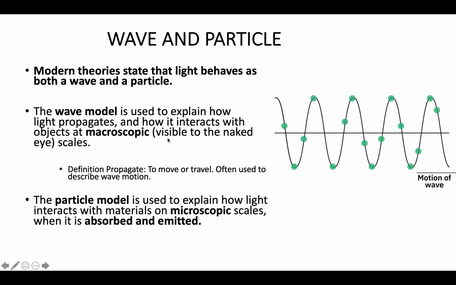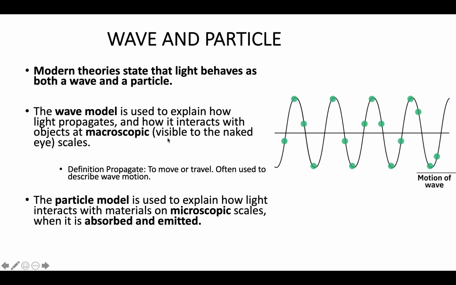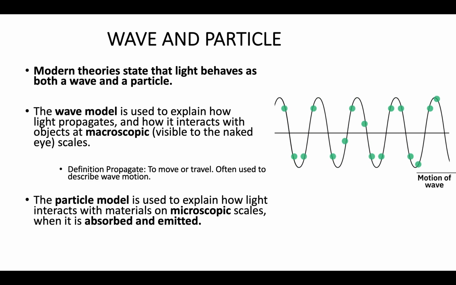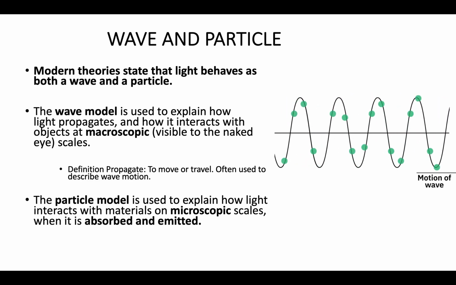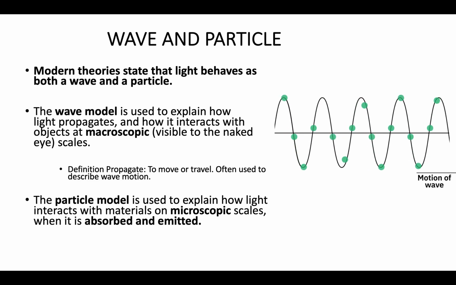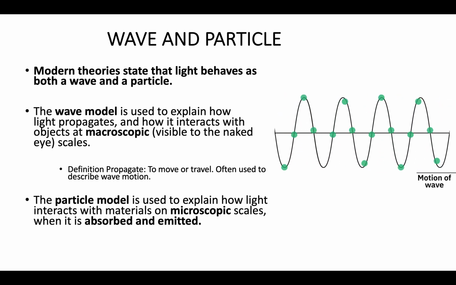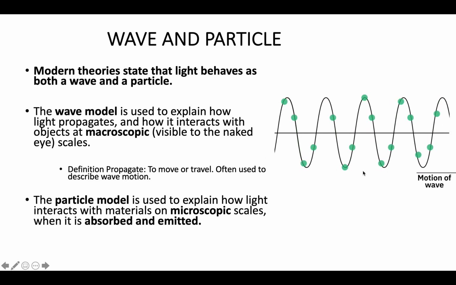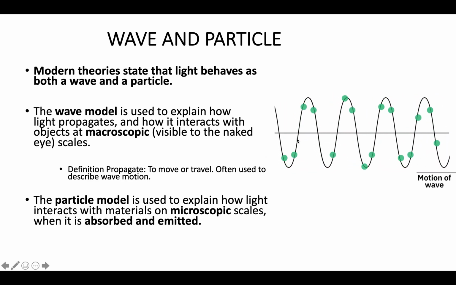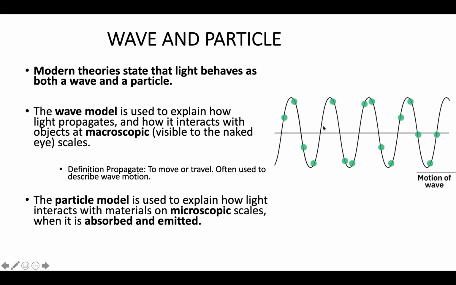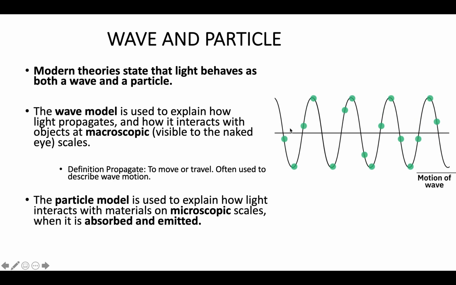Models are basically things that we use to visualize phenomena that we cannot generally see with our naked eye. Something similar to the motion of the wave here. This one is just a model, also explaining how the wave actually propagates.